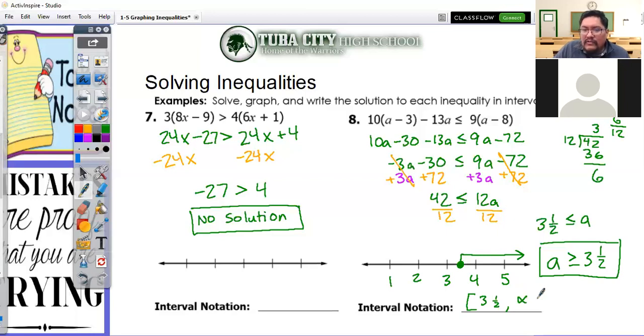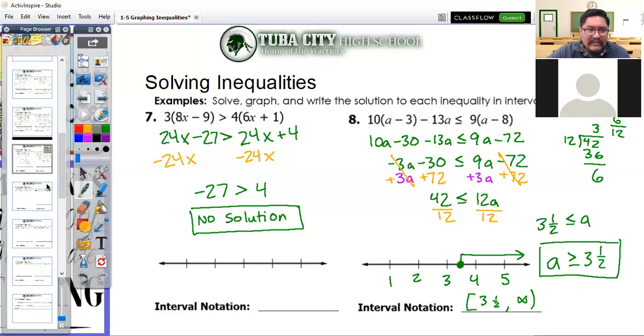And this goes to positive infinity. And we have our parenthesis, because again, you cannot include infinity. Just can't happen because it's constantly gonna work to keep itself out of your reach. And there we go. So we're done with that one.